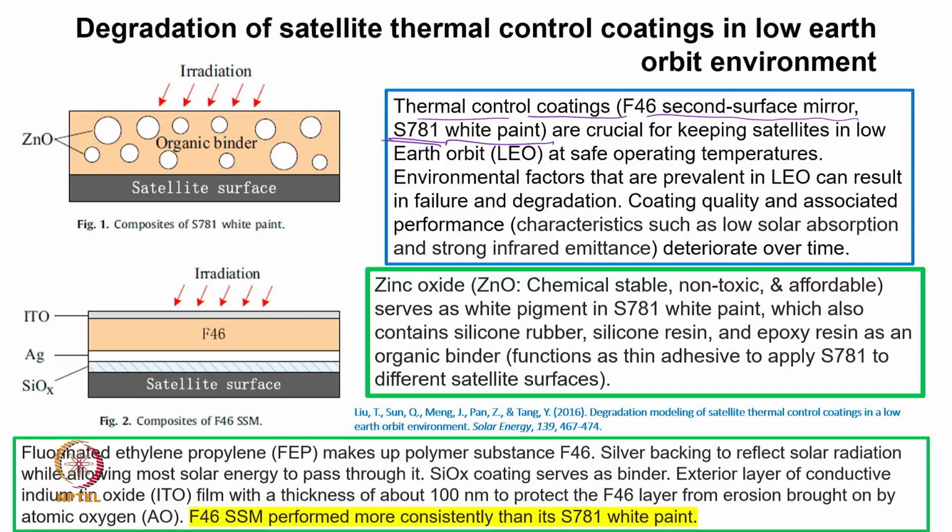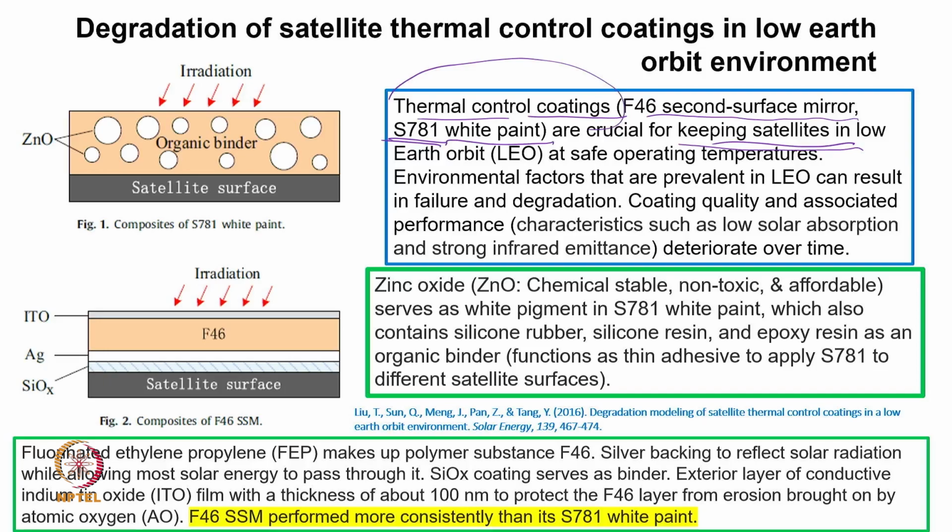So, this is what they tried to research, and we say that thermal control coatings are crucial to keep the satellite in LEO at a safe operating temperature. It should not cause damage to the satellite.